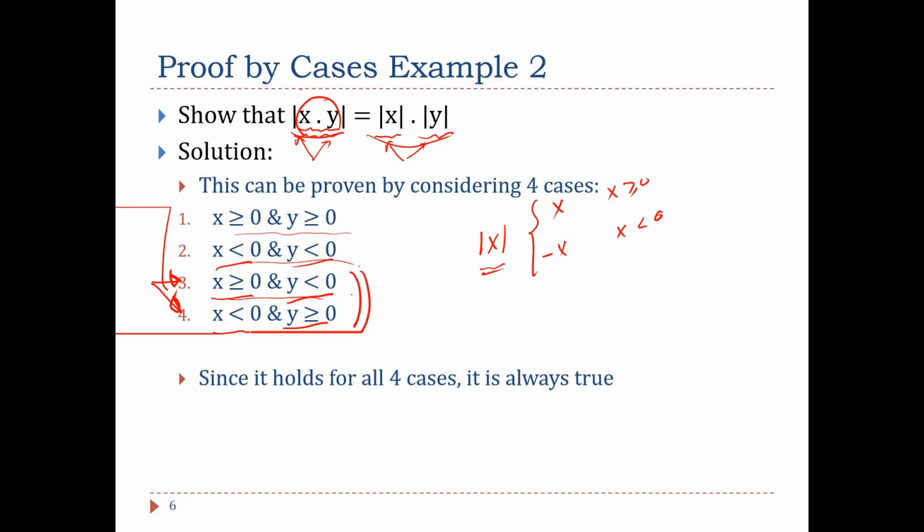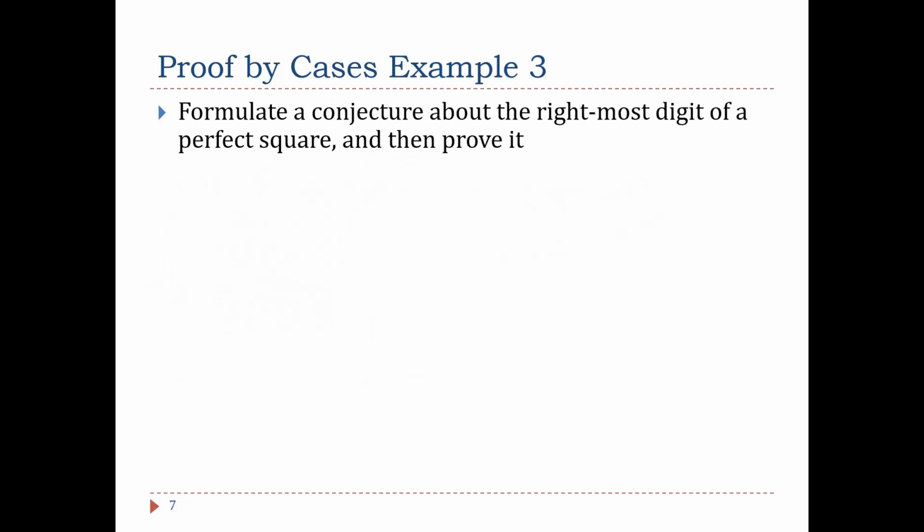Okay, and this really depends on the sign of x and the sign of y. Okay, and this is why we have these possible cases. The same applies here when you have x alone and y alone. Okay, good. So once this is done, you can say that your proof is concluded.